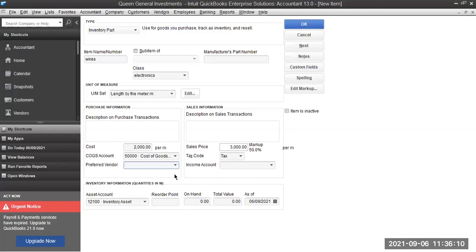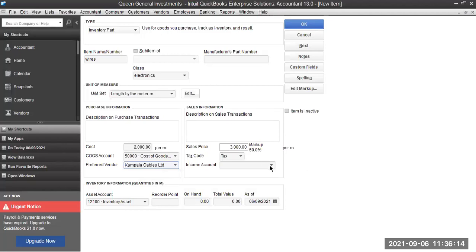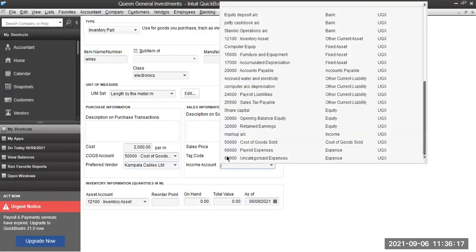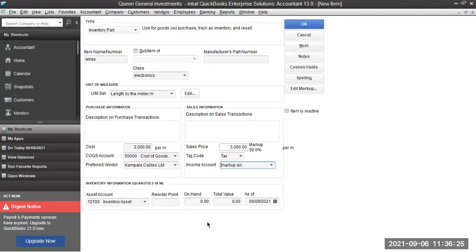So our preferred vendor is Kampala Cables. Then the income account, let it be the markup account. And our order point, according to the question, was 20 meters.